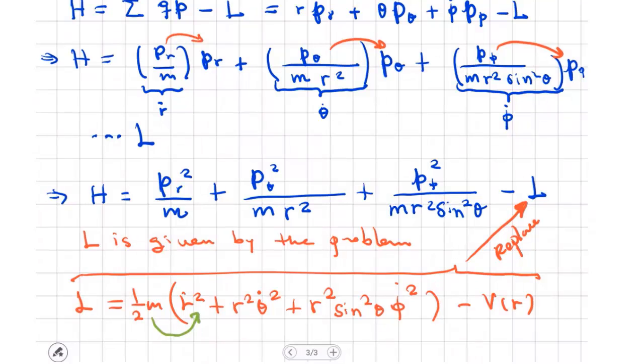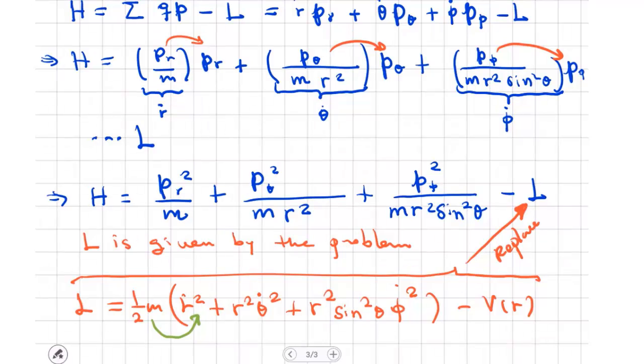So multiplying this, we multiply the first term, we multiply the second term, first term, the second term, and the third term.